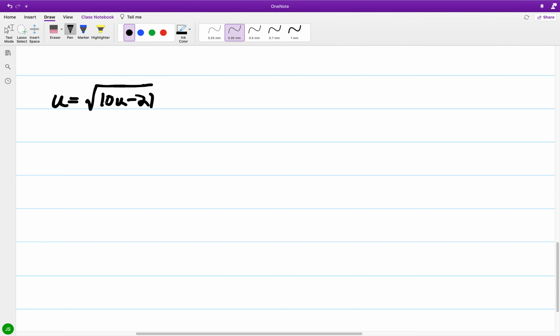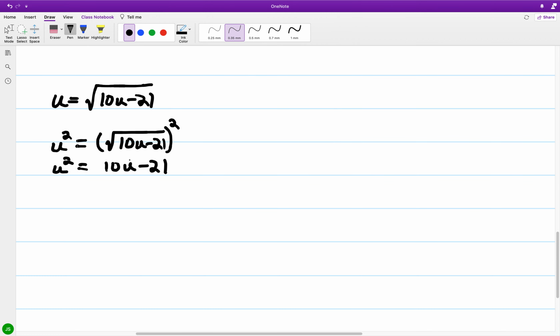We have one radical term, the square root of 10u minus 21, and looking at squaring both sides of the equation, we have u squared is equal to 10u minus 21.